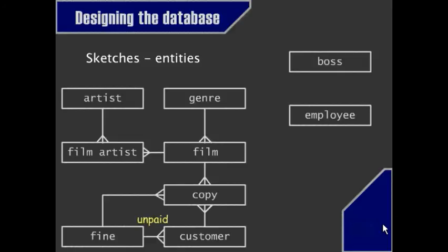So we need to be able to calculate that based on the information that's stored in the copy entity, which is that the copy was taken out at this particular time by this particular customer. Then when we go to query the data, we can extrapolate from that information and the day's date exactly how much the customer owes on those videos.